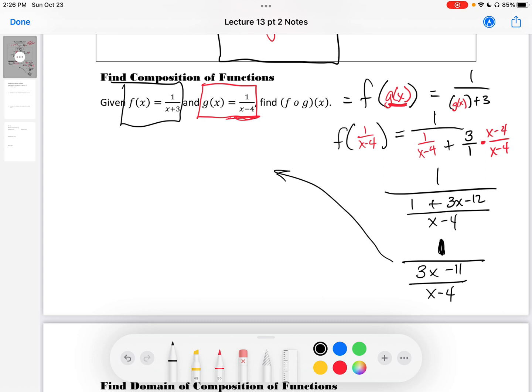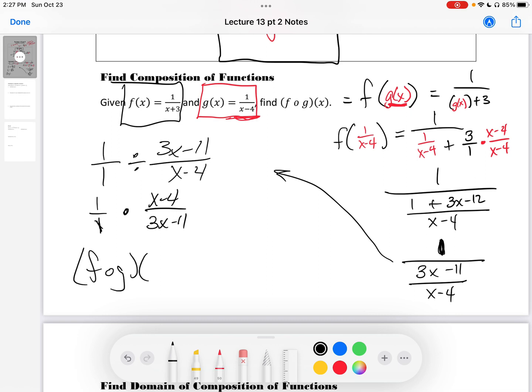Essentially we have a 1 over 1 divided by a 3x minus 11 over x minus 4. And we know that when we are dividing, that's really multiplying by the reciprocal. Since you're taking this times 1, we just end up with x minus 4 over 3x minus 11.